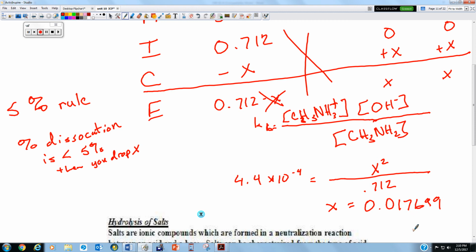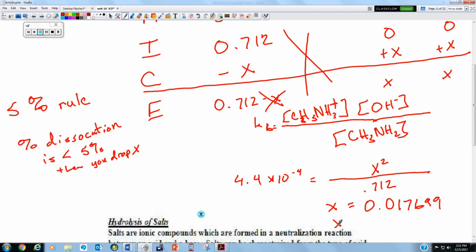Let me try it. 4.4 E negative 4 times 0.712 equals. All right.